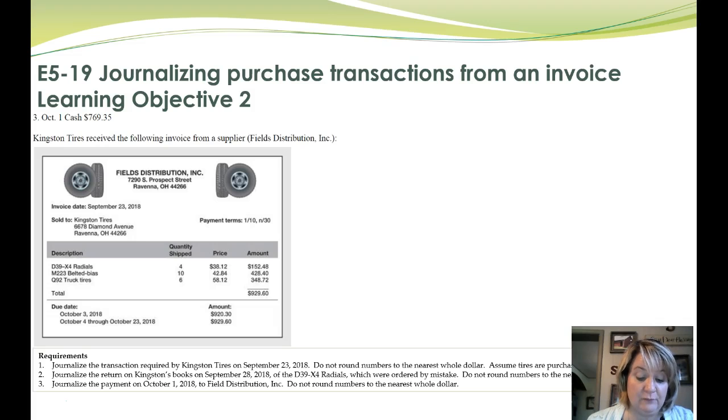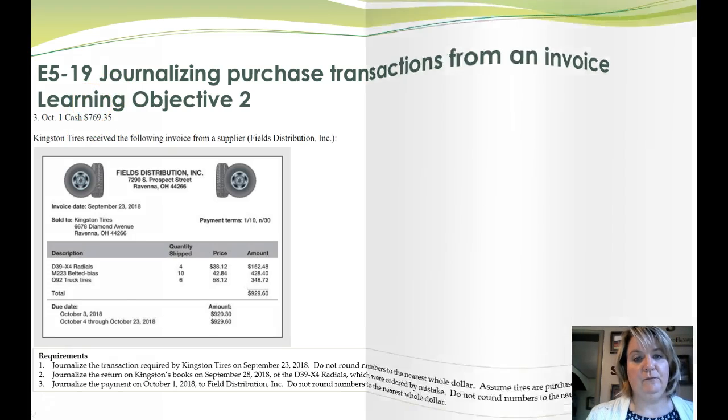Do not round numbers to the nearest whole dollar. And the third requirement is journalize the payment on October 1st, 2018 to Field Distribution, Inc. Do not round numbers to the nearest whole dollar. So all of the information you need is right here, and right here, how much cash you have.